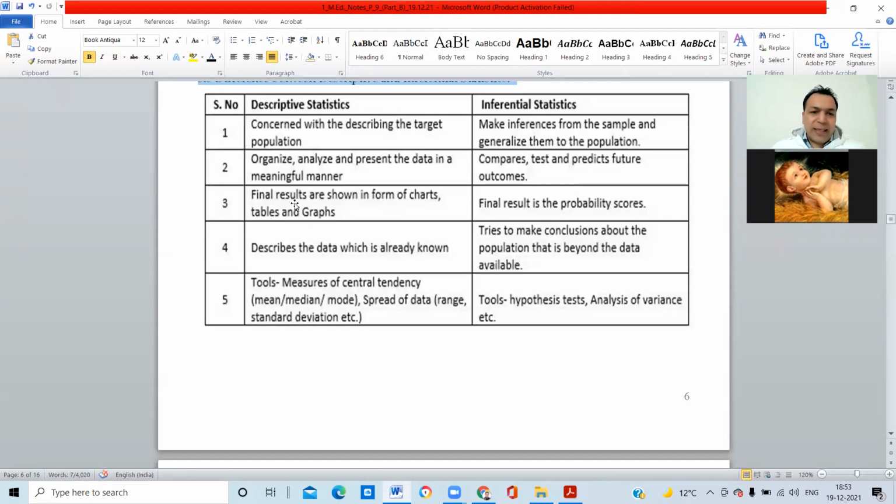Third is, final results are shown in the form of charts, tables, and graphs under the descriptive, right? But when we talk about inferential statistics, the final result is probability scores. Probability, it is a probability. When we have to start our journey, we see after the 3 days there is sunlight.